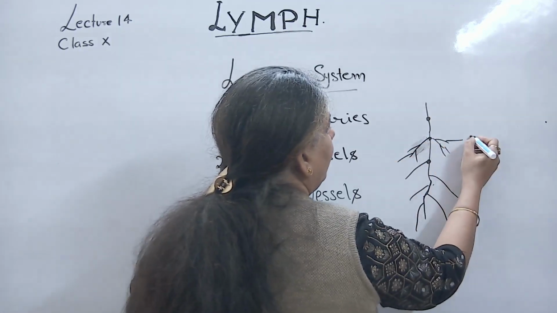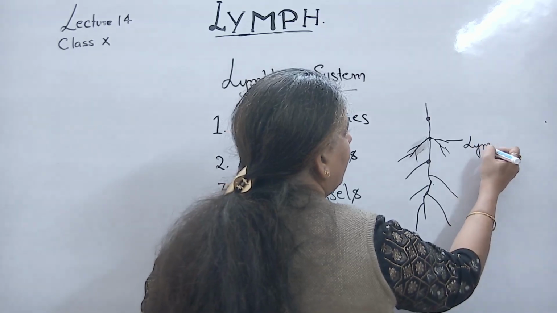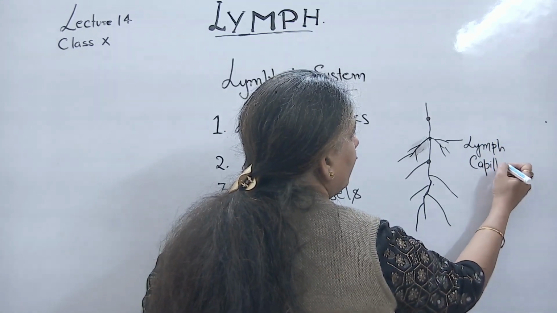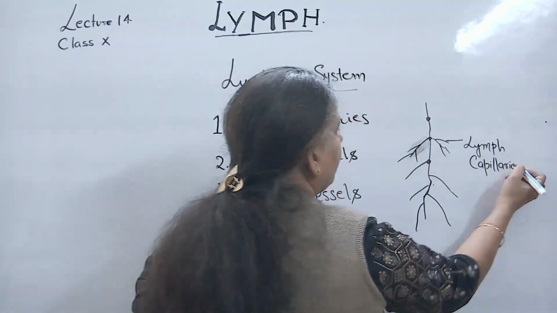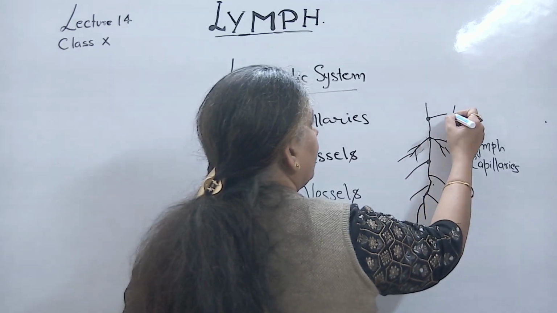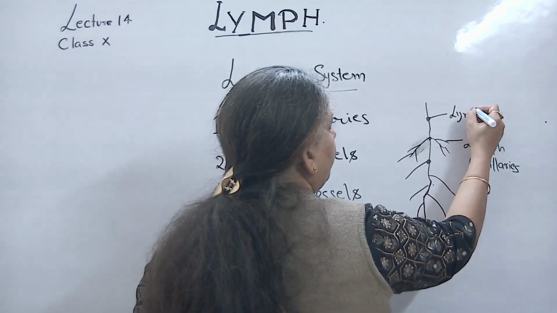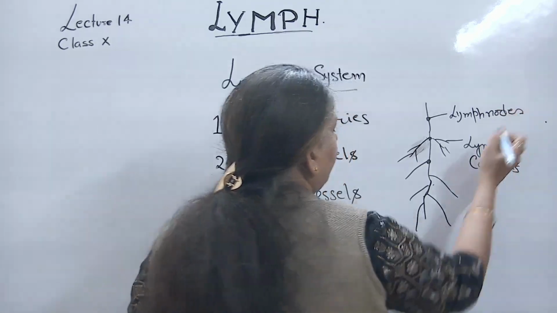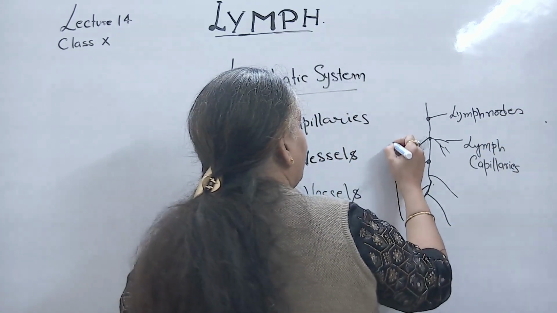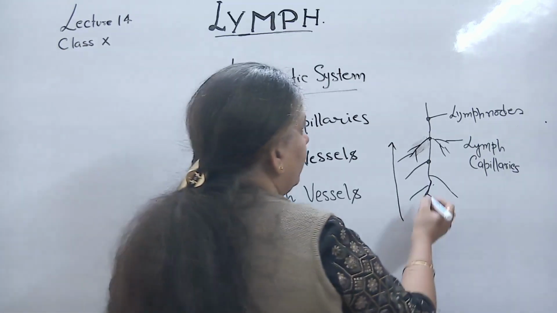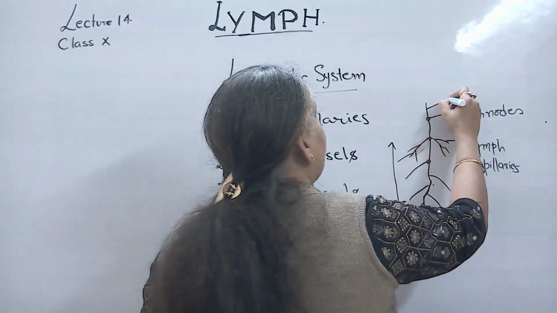So these are lymph capillaries. These are the nodes that are present. Lymph nodes. This is the direction of flow of lymph. So this is the lymph vessel.